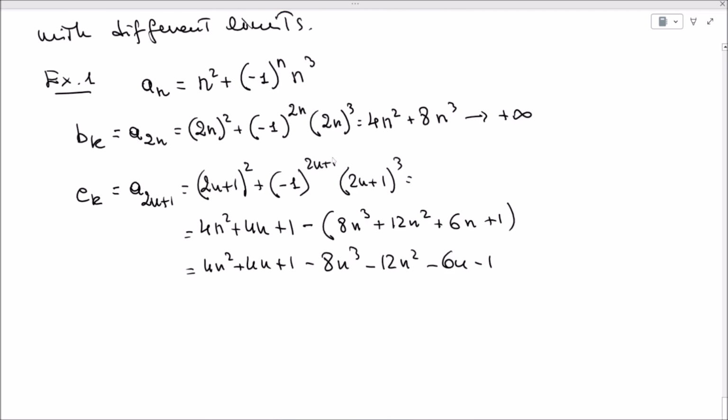And the 1s will cancel, and we are left with minus 8n cubed, minus 8n squared, minus 2n, and clearly this, as n goes to plus infinity, will diverge to minus infinity. So this is a sufficient proof to see that the original sequence a_n cannot converge.